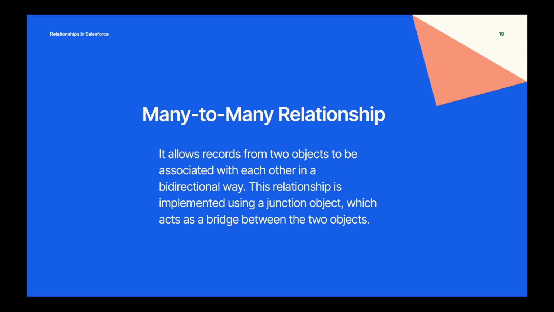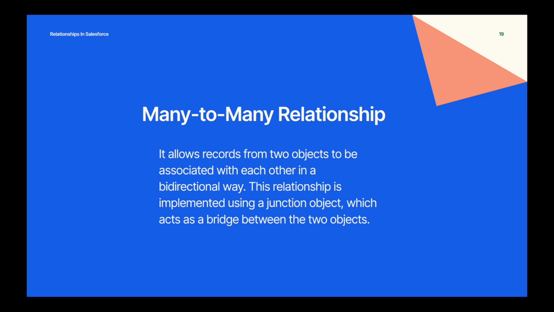In lookup, we were saying that contact is a child object, and it can have one account linked to it, right? But in many to many, if account and contact have a many to many relationship with each other, then account can also have contact as a child, and the contact can also have account as a child.